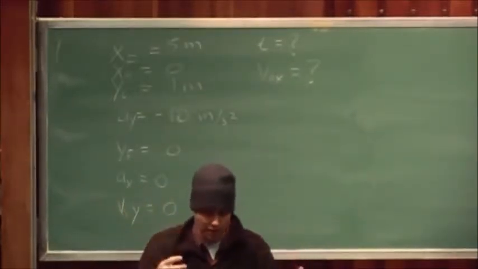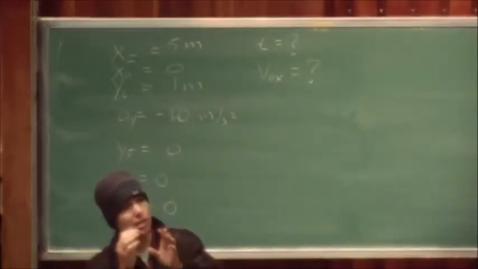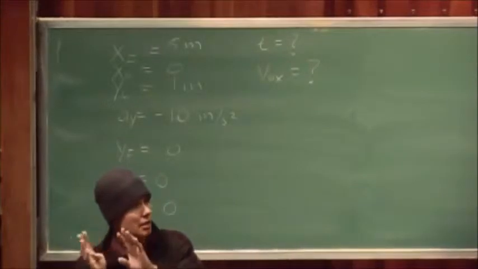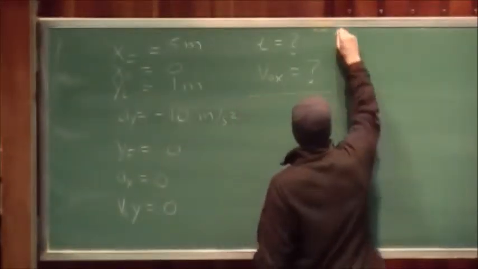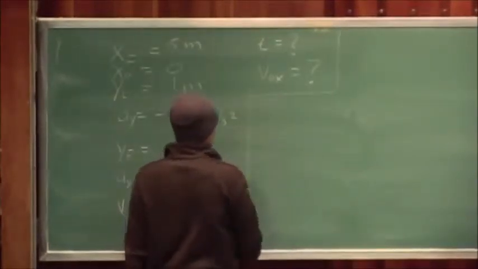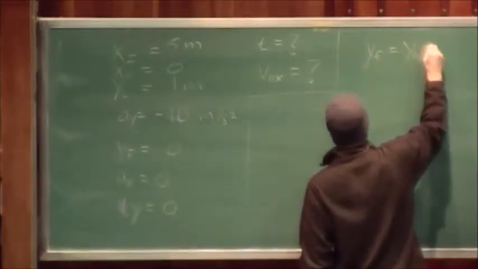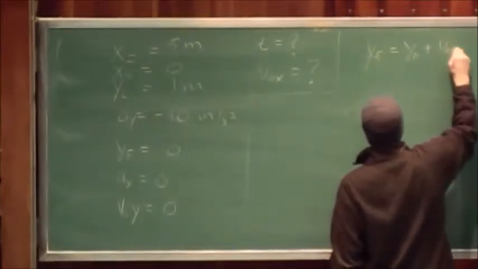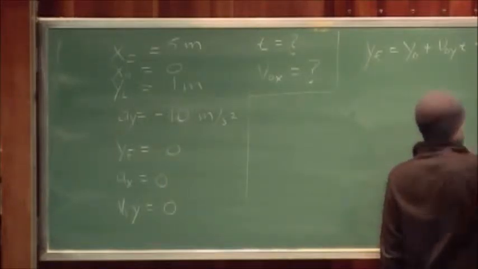We have this y final is equal to y initial plus v0y times t. So let me just write that down. You said x, but I know what you meant. You meant y. So we have y final is equal to y initial plus v0y times t minus 1/2 g t squared.